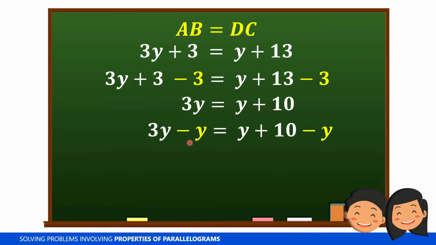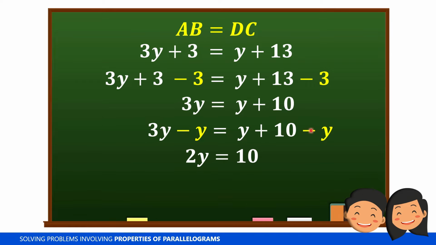On the right side, y minus y is equal to 0. So positive 10 will remain on the right side of the equation. Now 3y minus y is equal to 2y, which is equal to 10.